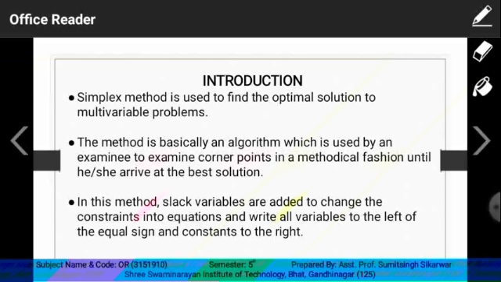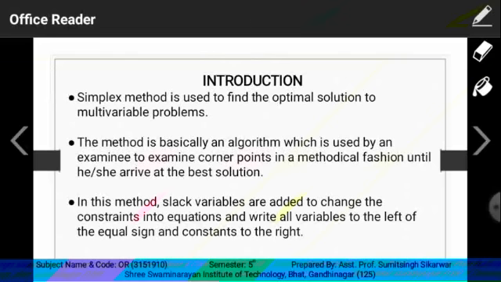In this unit, you will be able to study in detail about the simplex method in LPP, and you will also get to know the steps involved in the simplex method.